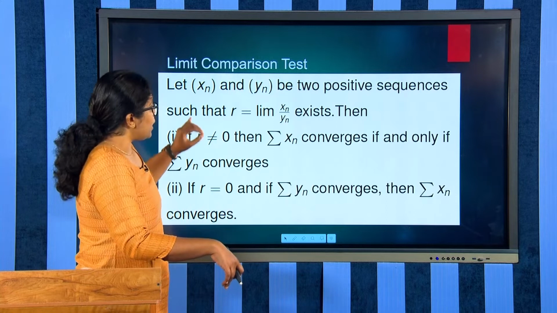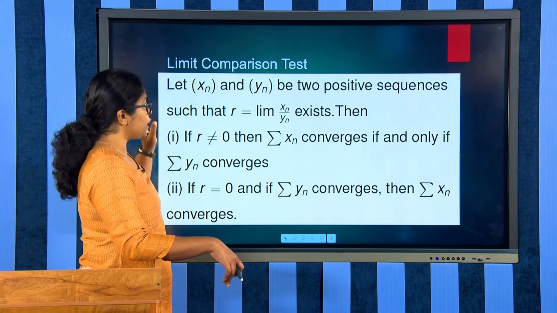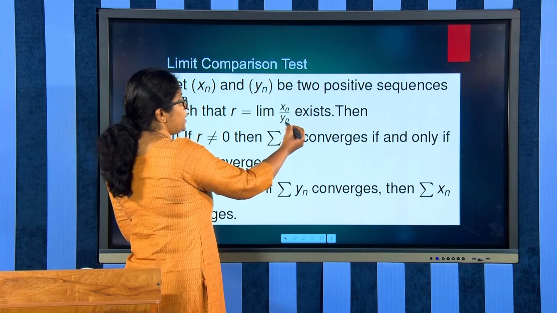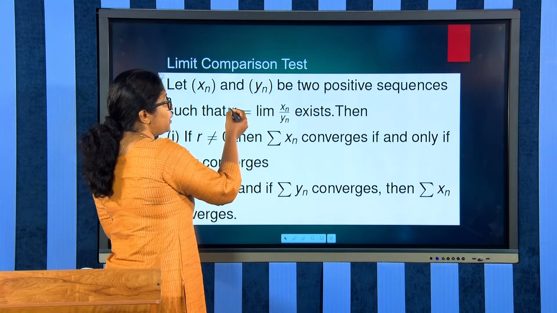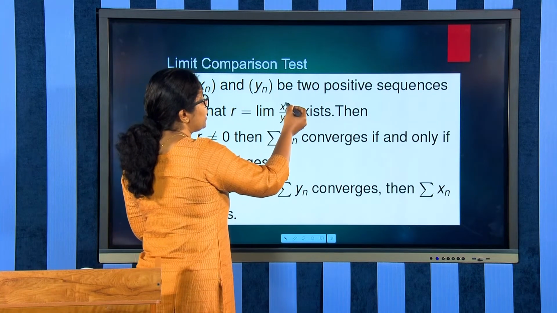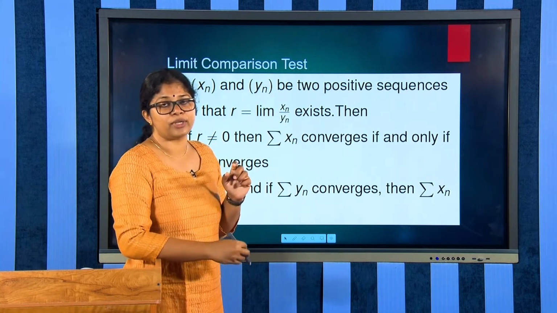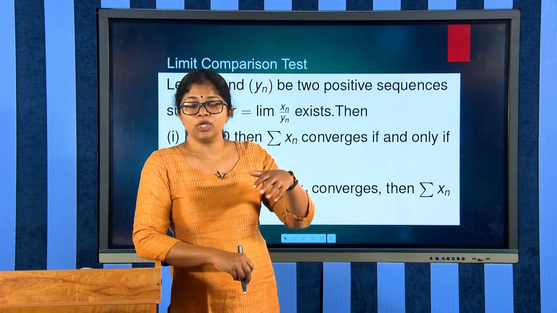And if the ratio is going to 0 as n tends to infinity, then what happens? If r happens to be equal to 0, then xn by yn is going to 0 as n tends to infinity, which means that the denominator is much heavier than the numerator.